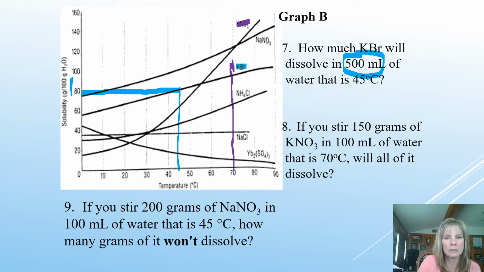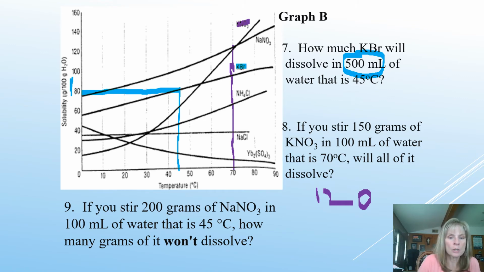Let me get all the way up there. There we go. So at the 70 degree mark, it looks like somewhere around 120 grams is dissolved. Well, I've stirred in 150 grams. So will it all dissolve? Nope, it will not all dissolve. About 30 grams won't dissolve.